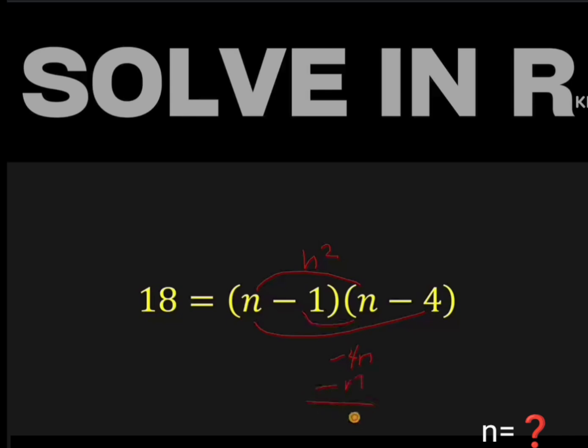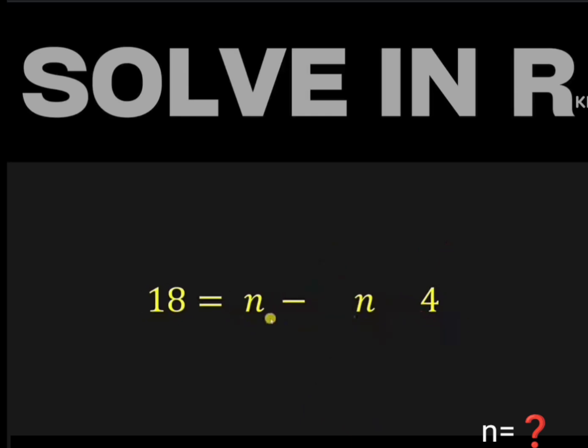Combining these, we have negative 5n. And negative 1 times negative 4 gives us positive 4. So the right-hand side can be written as n squared minus 5n plus 4. Now, let's subtract 18 on both sides.